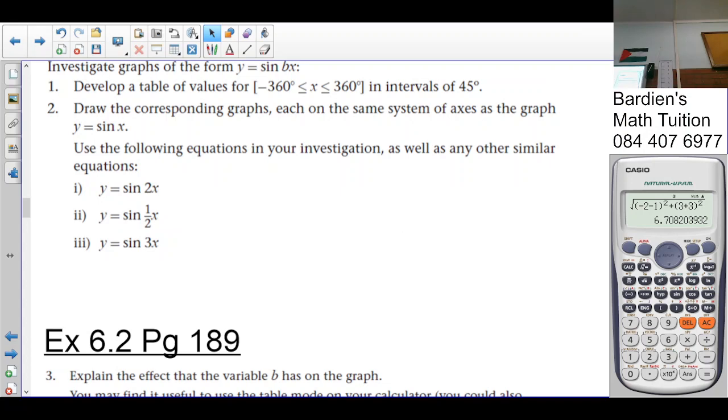So it's going to be through the corresponding graphs.